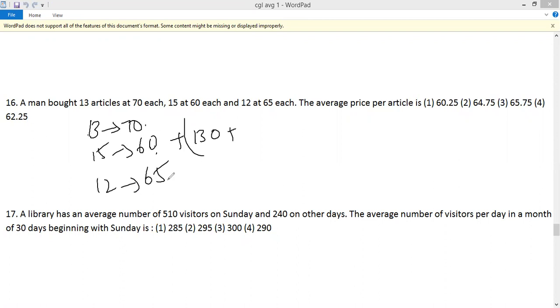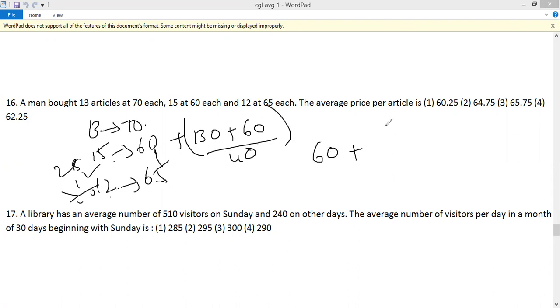And this is how much difference? 5. 5 plus what? 12. What is 60? This must be shared by all these numbers. 13 plus 15, 28. 28 plus 28 plus 12. How much? 40. So 40. So 60 plus 190 by 40. 4 4 is 16. 3 by 4. What? 64.275. Right? This is the answer.